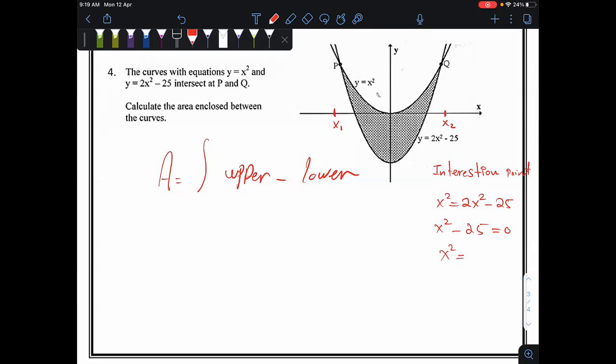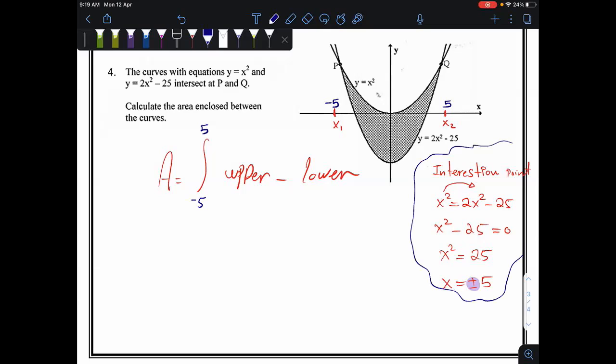So x squared minus x squared, and x squared is 25 and x equals plus or minus 5. So here it's minus 5 and plus 5. From negative 5 to 5. Why, guys, this step? To find the intersection points, from negative 5 to 5, and write them here.